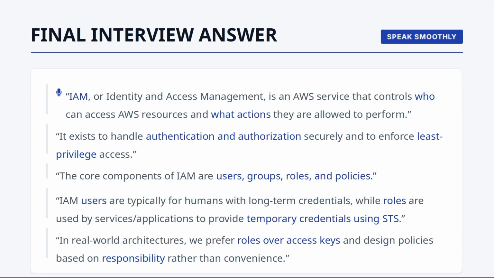IAM users are typically created for humans with long-term credentials, while IAM roles are used by AWS services and applications and provide temporary credentials using STS. In real-world architectures, we prefer roles over access keys and design policies based on responsibility rather than convenience. I will pause here and let the interviewer decide where to go deeper.